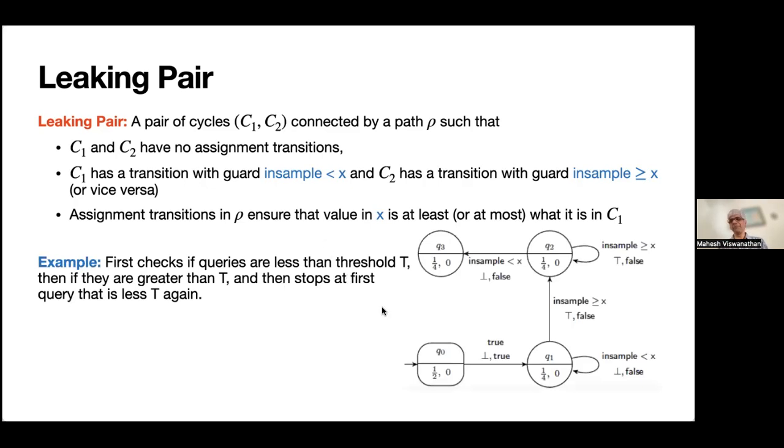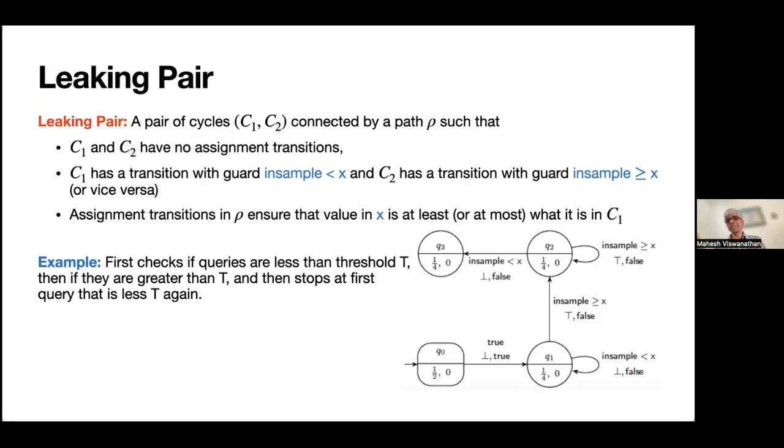This is again a variant of the SVT algorithm. In the SVT algorithm, I was outputting the first index where the input is greater than the threshold. Now here, I'm looking at a slightly more complicated thing. I'm going to look at the sequence of inputs, first check that they're all less than the threshold, then check that they're all greater than the threshold.